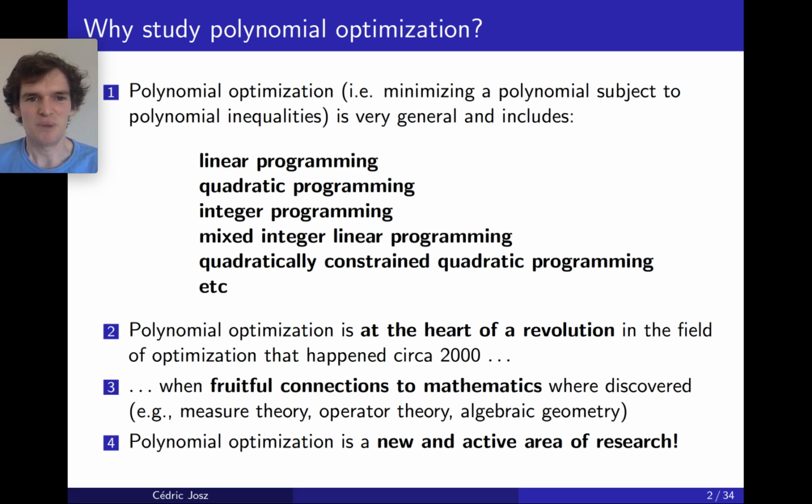Well, polynomial optimization consists in minimizing a polynomial subject to polynomial inequalities. And this is actually a very general class of problems. It includes special cases, probably things that you have seen in your courses. So linear programming is a special case.